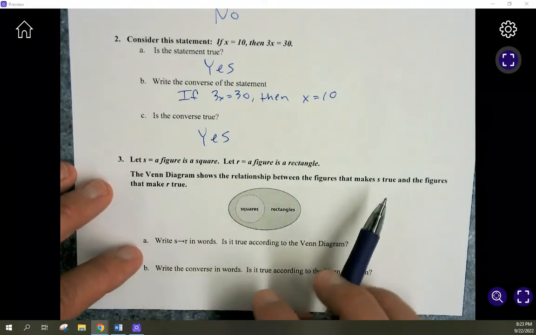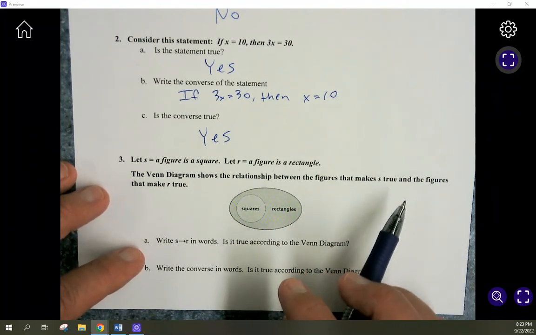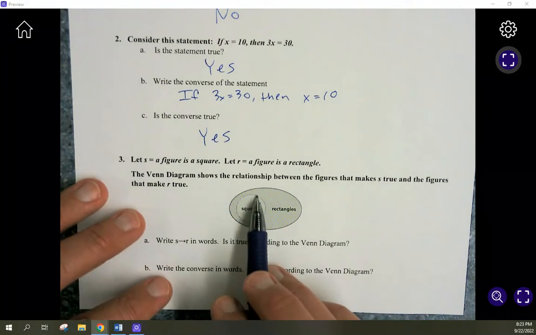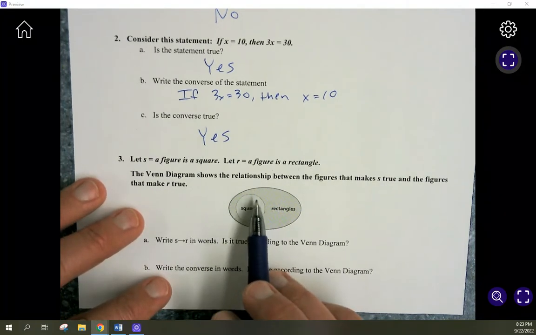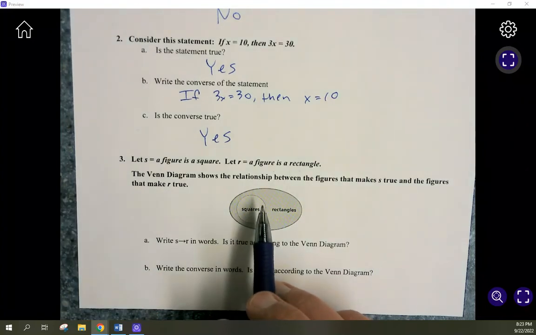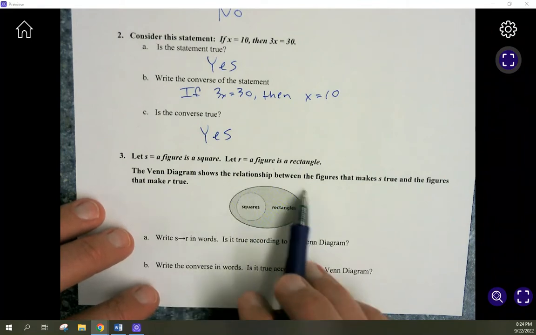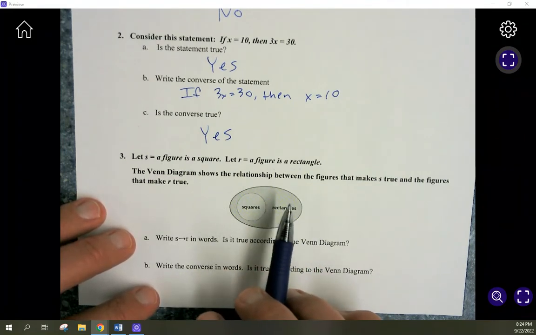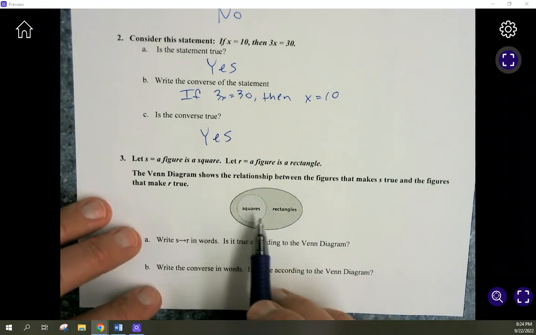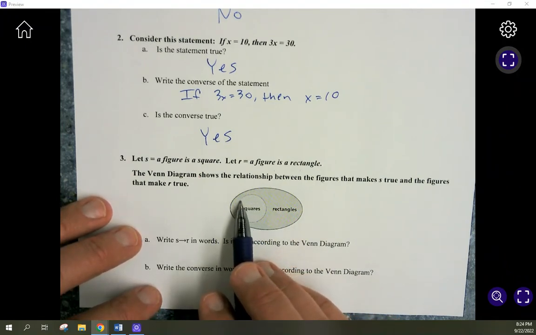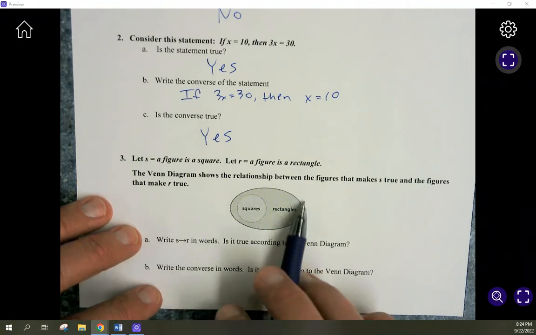So the Venn diagram shows the relationship between the figures that make S true and the figures that make R true. So this circle represents all the different figures you could draw, all different shapes and sizes that make it a square, and these are all the different figures you could draw that fit into the definition of a rectangle. So based on this Venn diagram, you can see every square that you could come up with fits inside the mold of a rectangle.